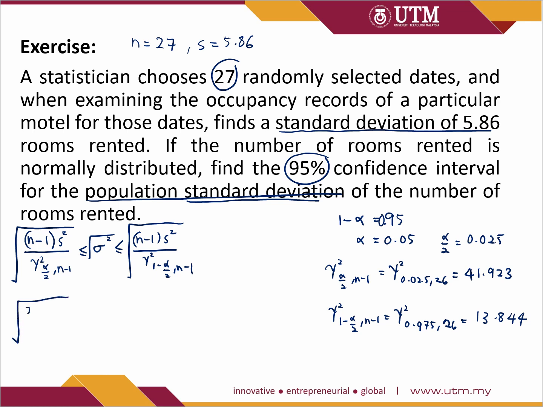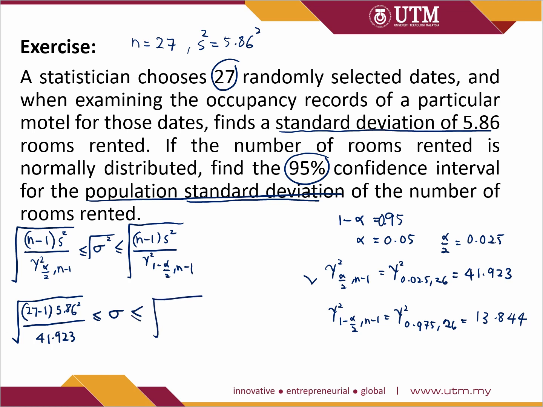You have 27 minus 1, and your s squared, so here is s squared but this one is s, so just square this value, 5.86 squared, divided by chi-square alpha over 2, which is this one, less than the population standard deviation.